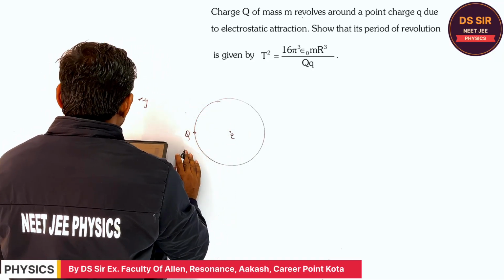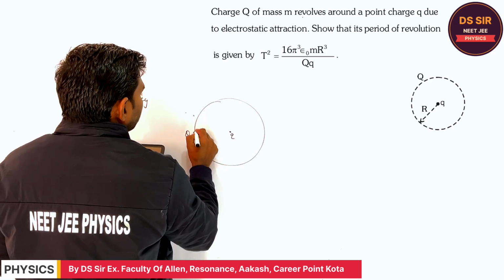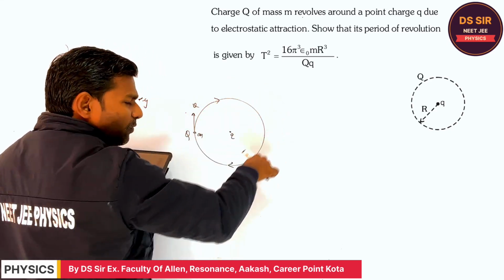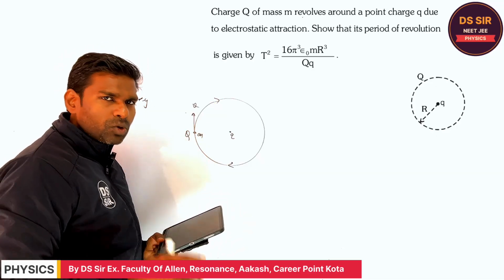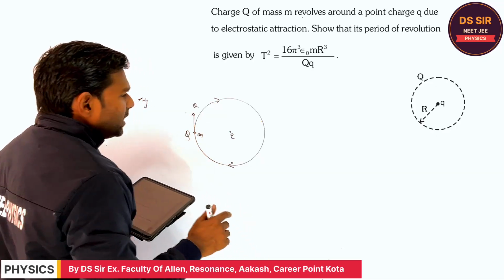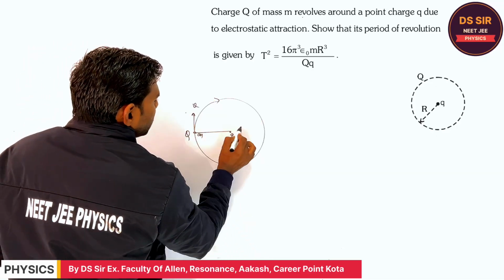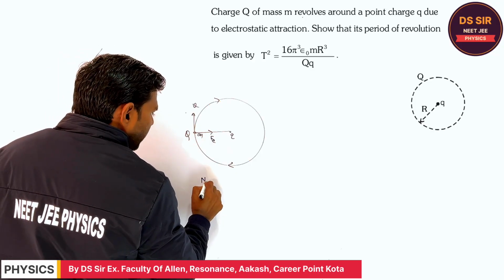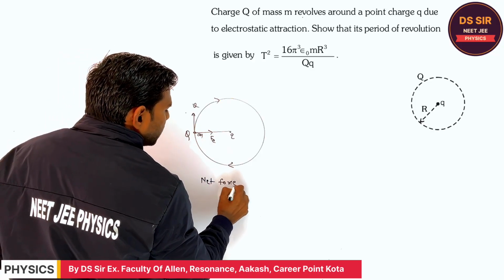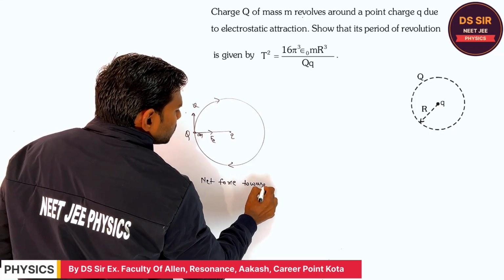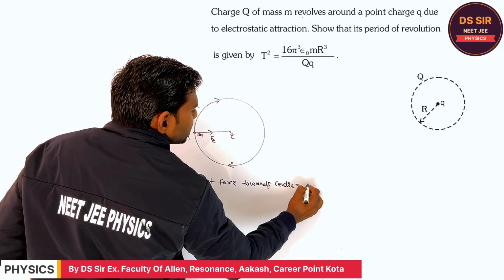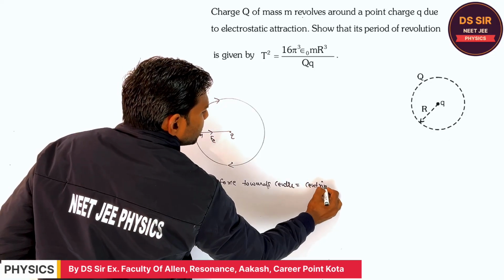So in this question, there are two charges, one is a fixed charge, the other charge is capital Q of mass m. It is moving around the charged particle like this. So when a particle moves in a circular path, the required centripetal force is towards the center, right? So the net force towards the center will provide the required centripetal force, right?